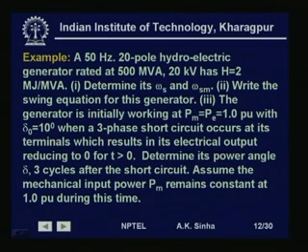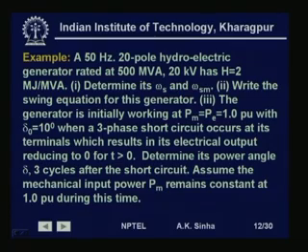Since a 3-phase short circuit has occurred on the terminals of the machine, the voltage goes to 0 and thereby there is no electrical power output from the generator. So, at t is equal to 0 plus, the electrical output becomes 0 for all t greater than 0. Determine its power angle delta 3 cycles after the short circuit.